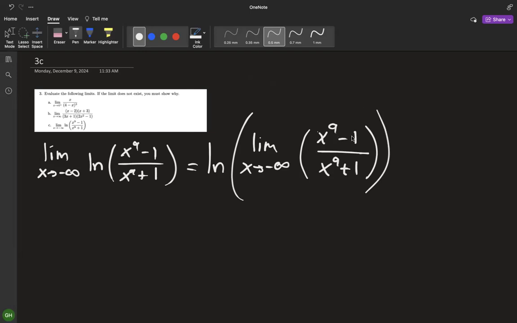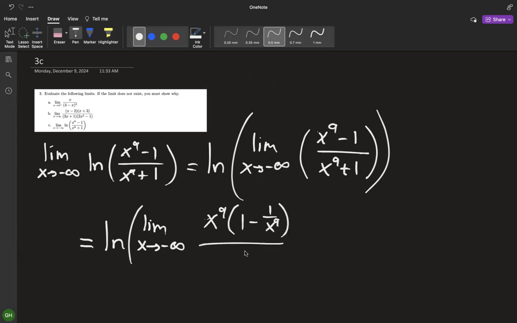Basically, the limit can pass through natural log because it's a continuous function. So I could solve this one the same way. I'm going to do this the long way again, just for the practice. I'm going to factor out the highest power of x. So I'm going to get x to the 9, 1 minus 1 over x to the 9, over x to the 9, 1 plus 1 over x to the 9.